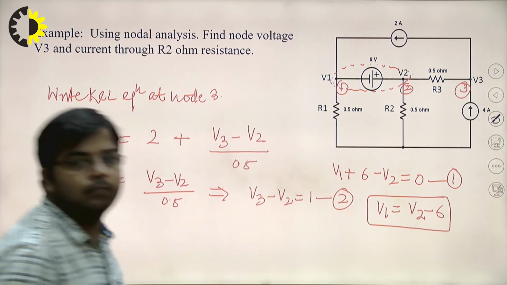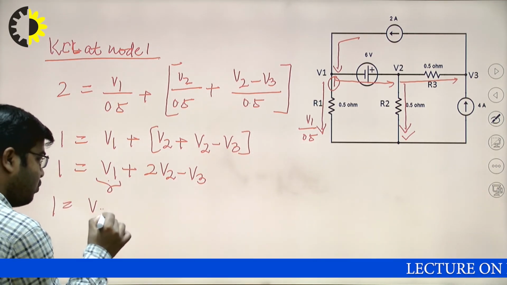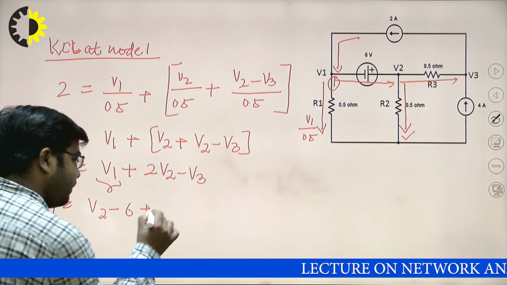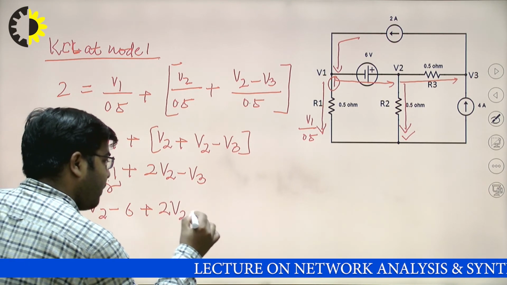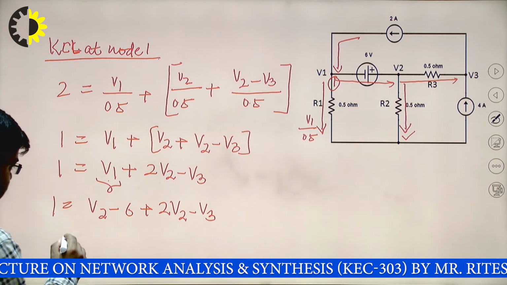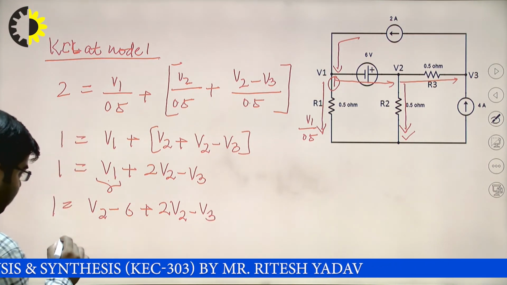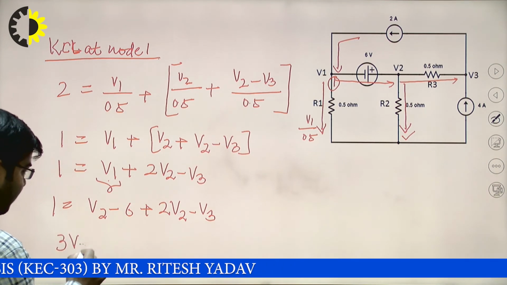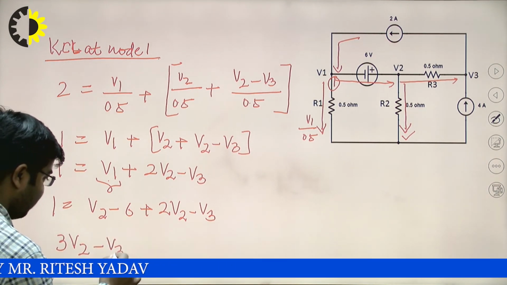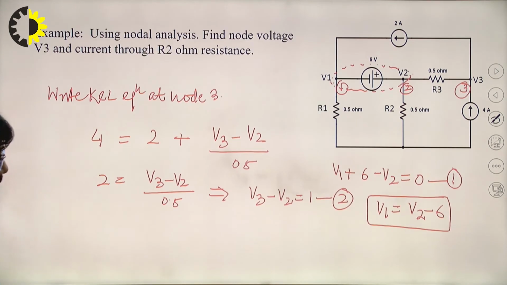So V2 minus 6 plus 2V2 minus V3. After solving, you will get 3V2 minus V3 equals 7. Suppose this is equation number 3.